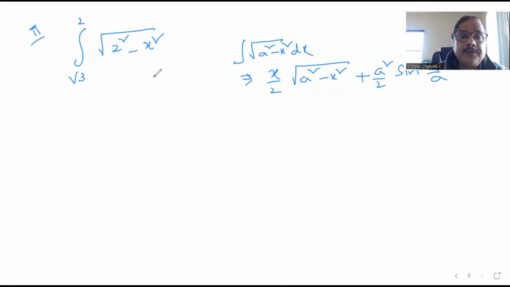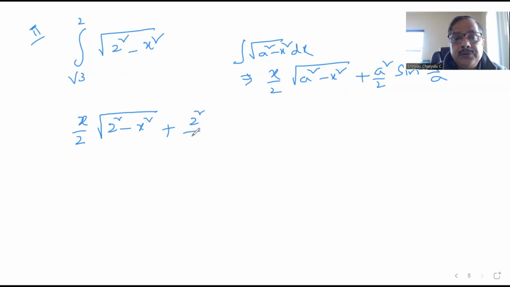So this sum we will do like that only: x by 2 root of 2 square minus x square plus 2 square by 2 sine inverse x by a.